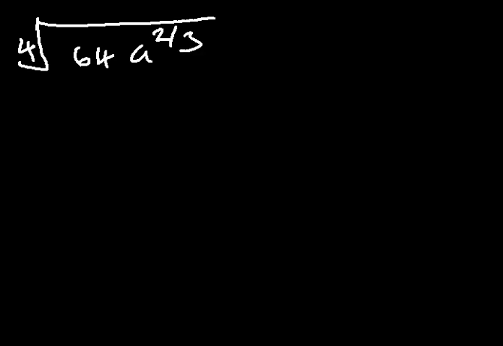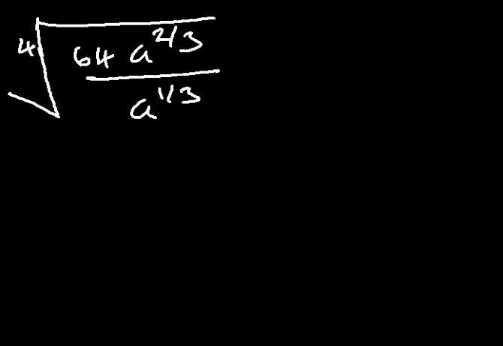Now how about if we have this case? Let's say we have the 4th root of 64 times 8 to the power 2 over 3, and the overall divided by 8 to the power 1 over 3.